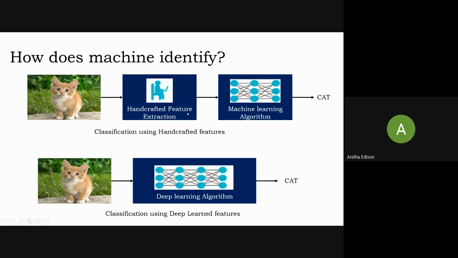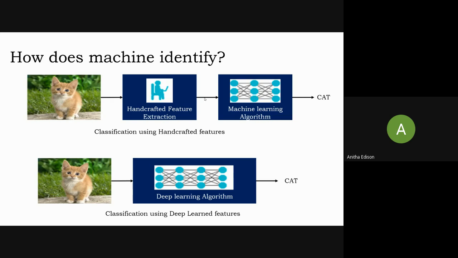And later, these handcrafted features were replaced by deep learning algorithms, where data is used to train the feature part also. Features are not extracted by a person, or not engineered by a person. Instead, the algorithm learns the important features from the data. In addition to just classification, the algorithm learns the feature extraction part also from the data.